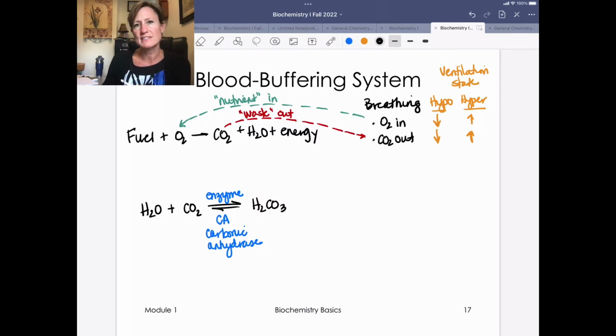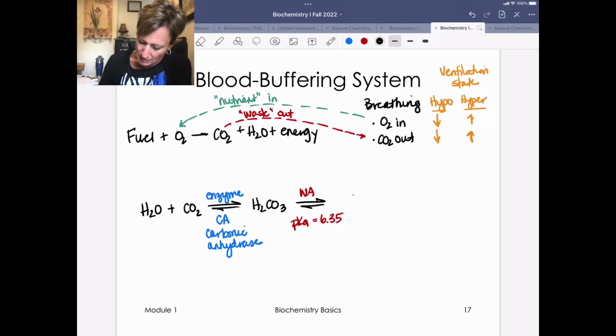But a second part of this equilibrium is understanding that carbonic acid is a weak acid, and remembering that weak acids dissociate to generate H plus and then their conjugate base. Carbonic acid does the same. A number that I need you to know is that the pKa of carbonic acid is 6.35. I want you to remember that.